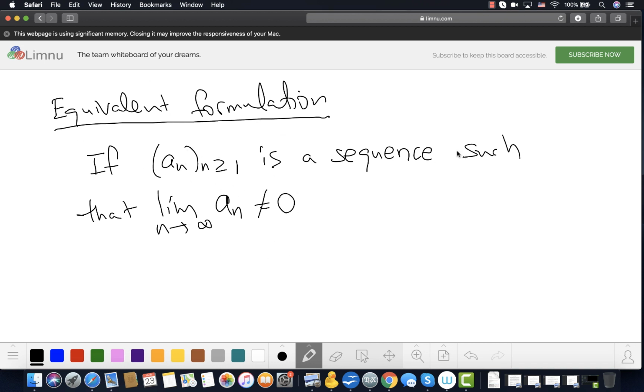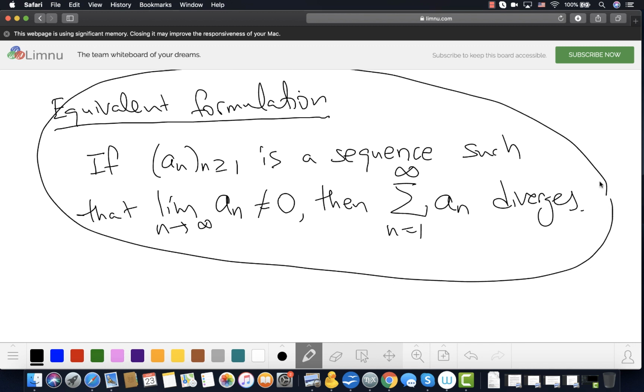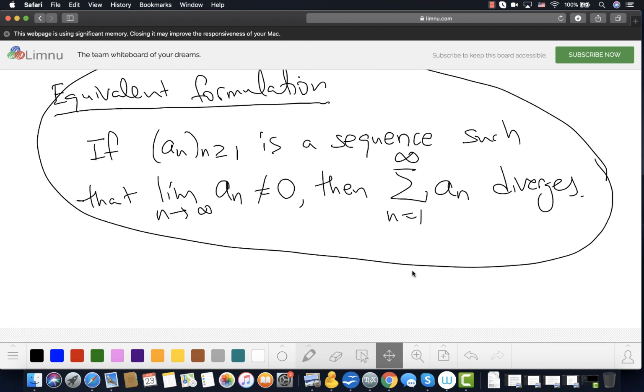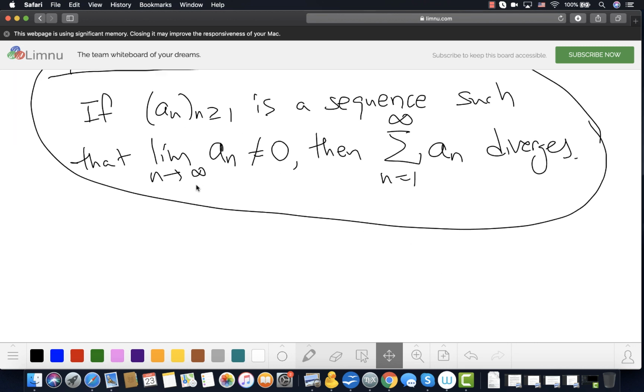So if you have a sequence such that the limit of the an's is not 0, then you can conclude that the series must diverge. And this is what you have to remember when you're applying the divergence test. The divergence test does not say anything about the case when the an's have limit 0. It's only saying that if the limit of the an's is not 0, then the series diverges. Why is that the case?